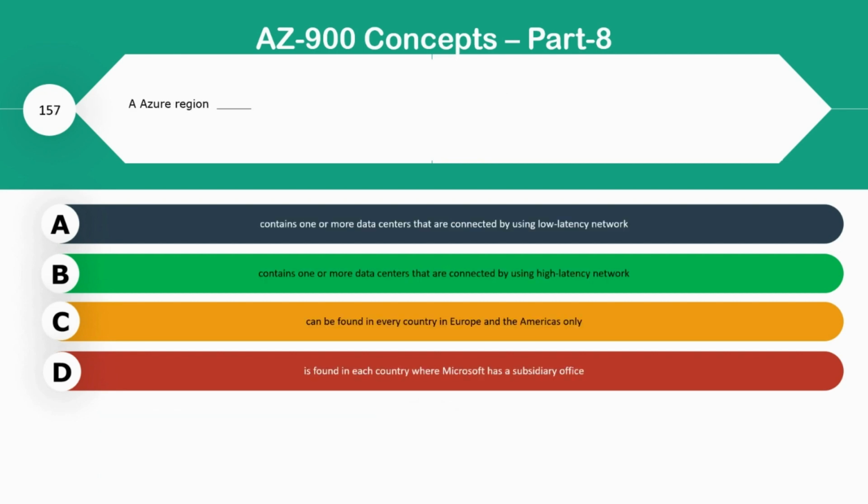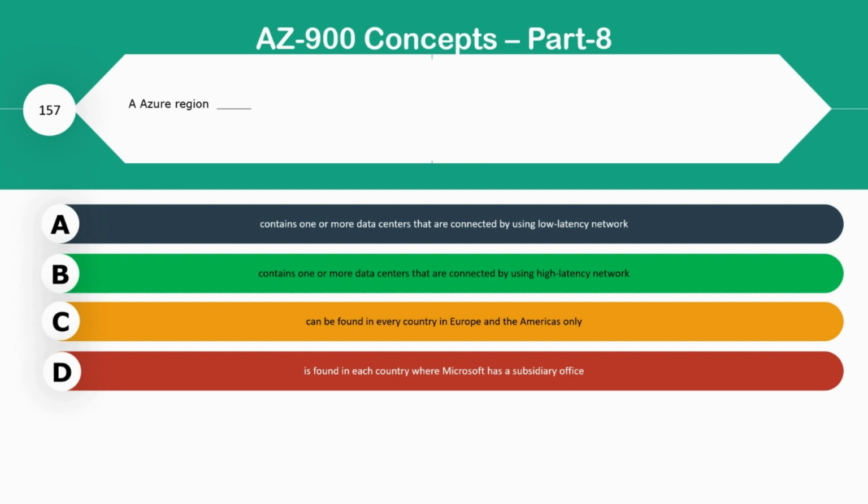What is the definition of an Azure region? Option A, it contains one or more data centers that are connected by using a low latency network. The next option contains one or more data centers that are connected by using a high latency network.